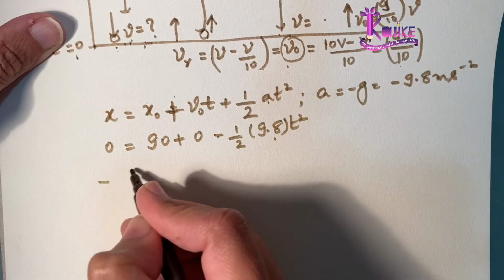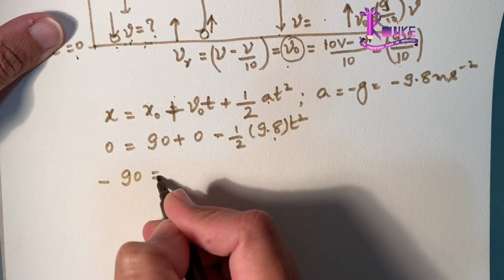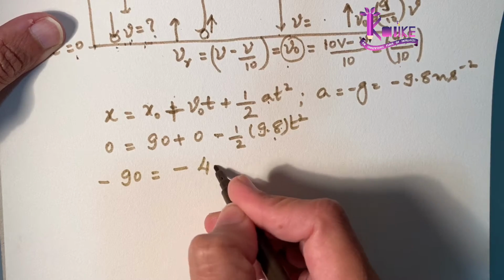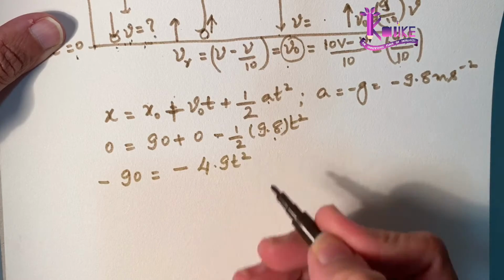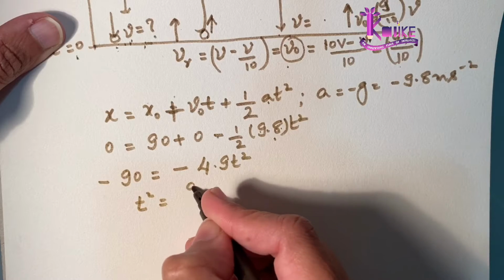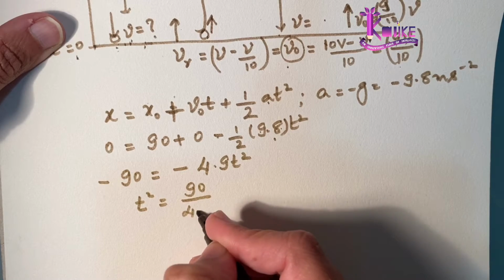So if I bring 90 on the left hand side, this becomes minus 90 is equal to minus 9.8 divided by 2, which is 4.9 t square, right? So t square should be equal to 90 divided by 4.9.